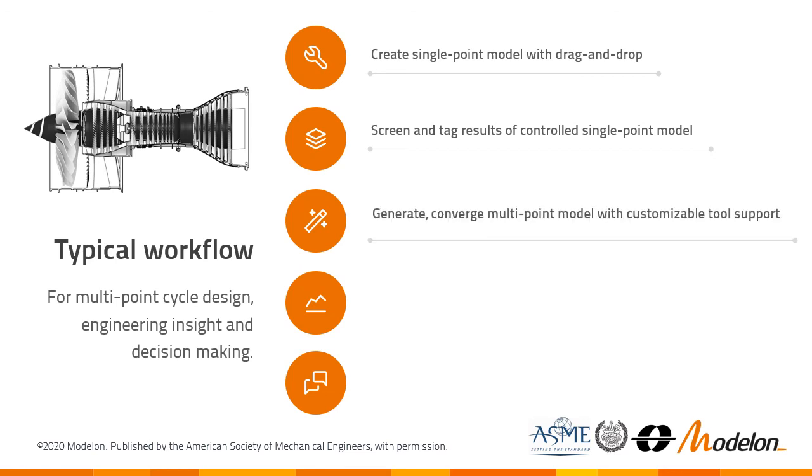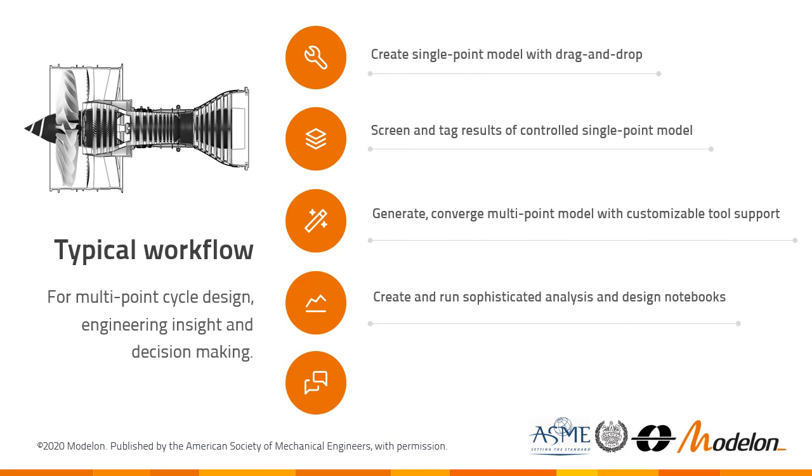In the third step, we semi-automatically create the multi-point model from the single point model. And then we again use a graphical environment to complete the multi-point setup. We then initialize the model the first time with the tagged single point results.